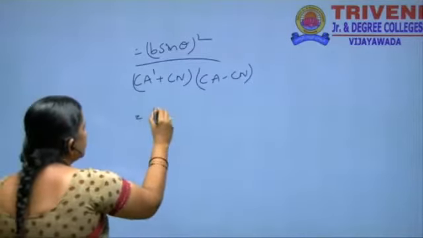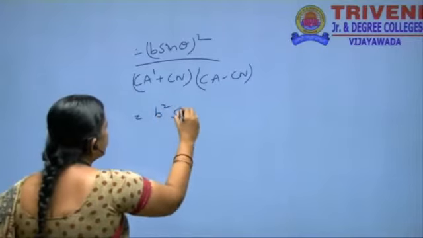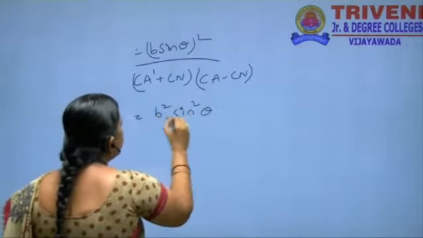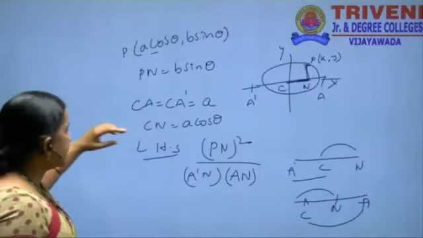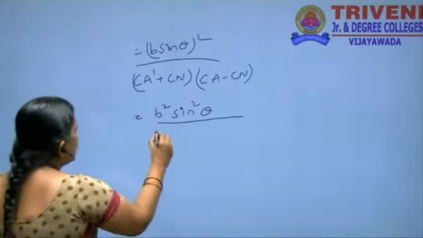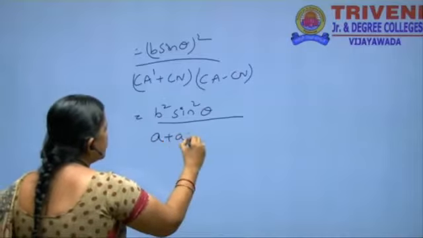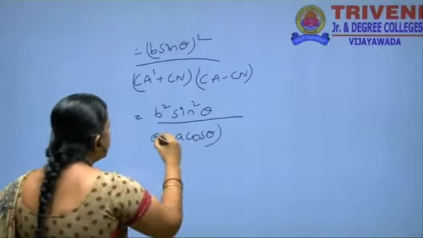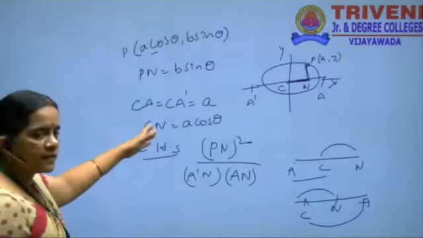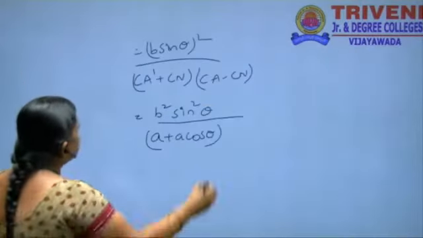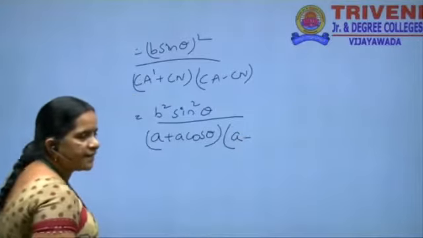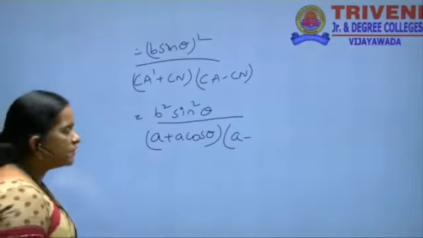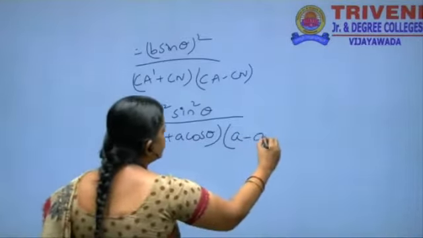Substitute here: b squared sin squared theta by, what is the value of CA'? CA' is a, plus CN which is a cos theta. CA is a, and CN is again a cos theta.